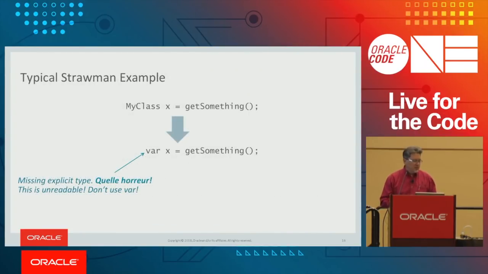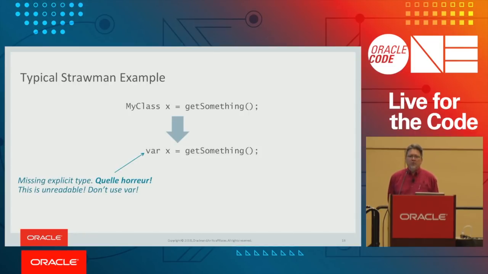Let me move on to run through some examples here. This is a typical strawman argument that I see a lot on the internet. And boy, I tell you, you read the internet and it's such a great source of conference talks. So somebody says, here's why var is a bad idea. My class x equals get something.